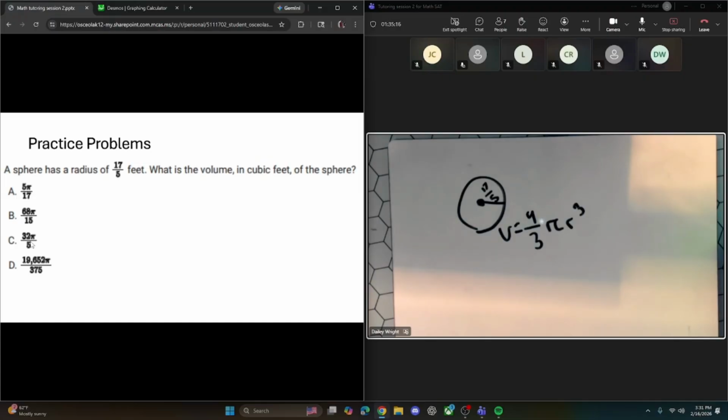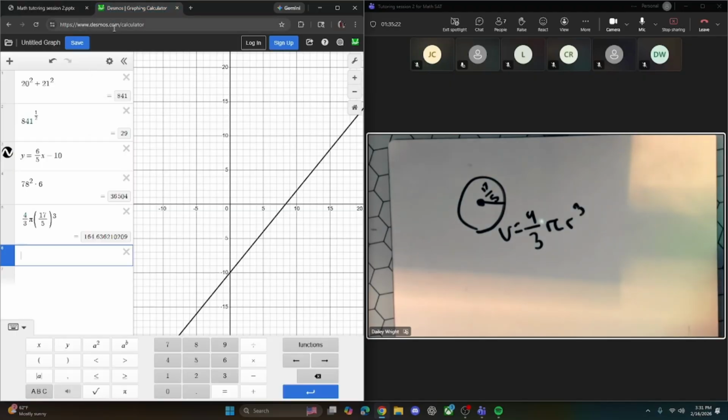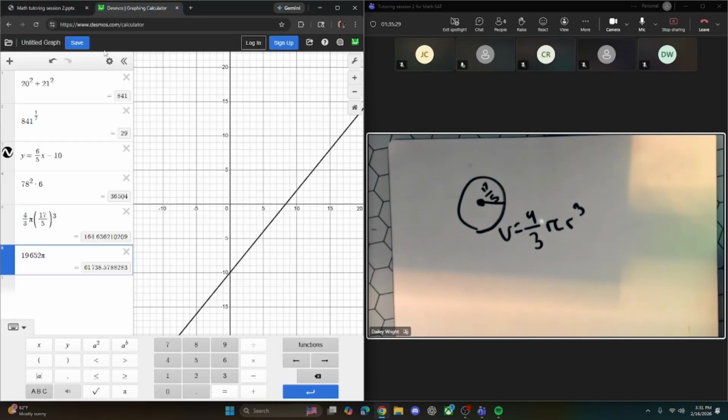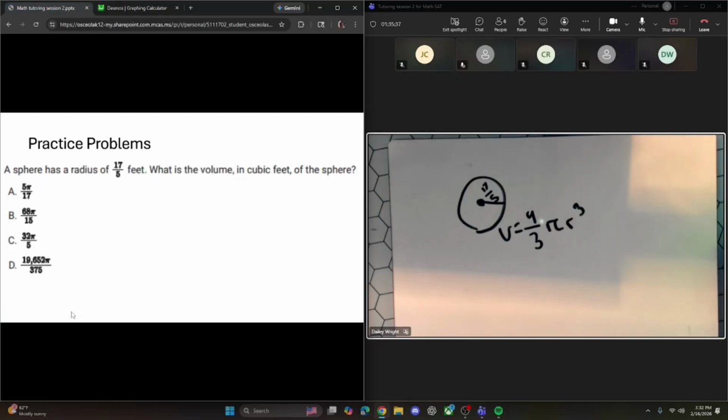I see 32 pi over 5, but that already doesn't look big enough to me. Let's go to the D. 19,652 pi divided by 375. And this is equivalent to my 164.6362. So the answer of this is D.